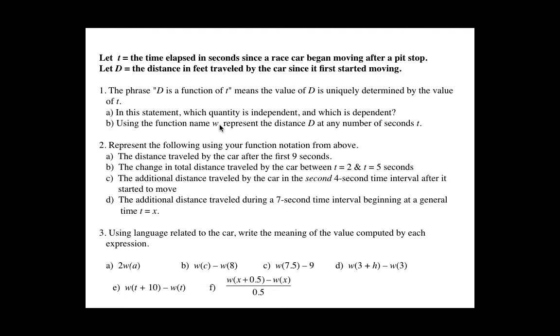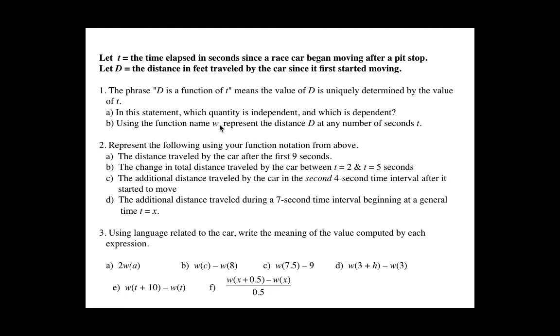In generic math examples, often you'll see y equals f of x. Y is a function of x. And you can almost just read that like pretending that function of is f for function. That's why it's used. But D is a function of t. If the function name is W, we'd write D equals W of t.